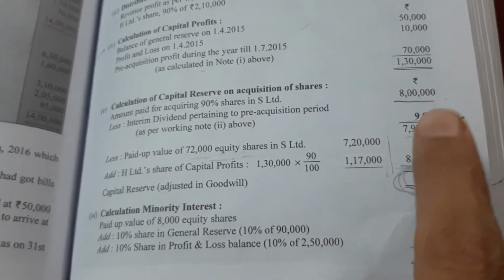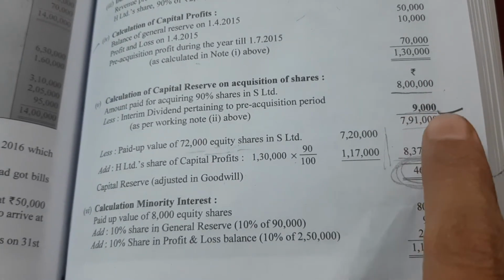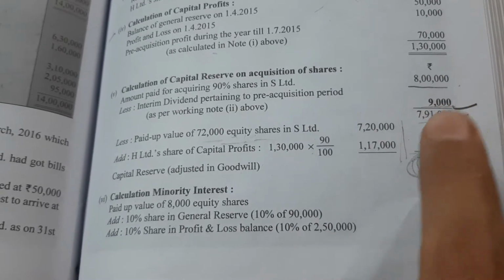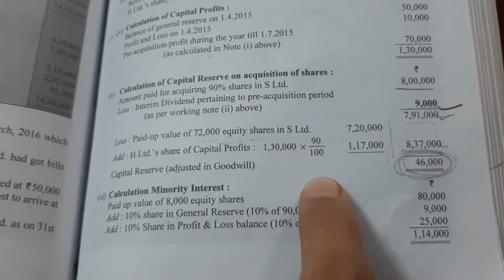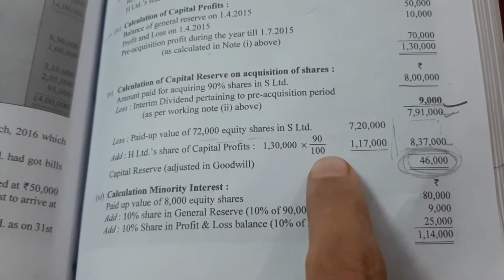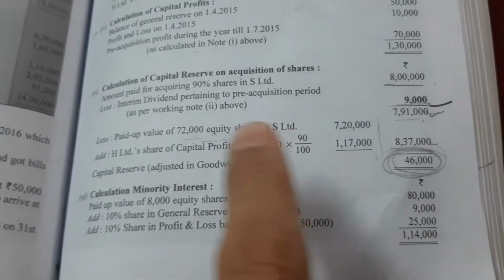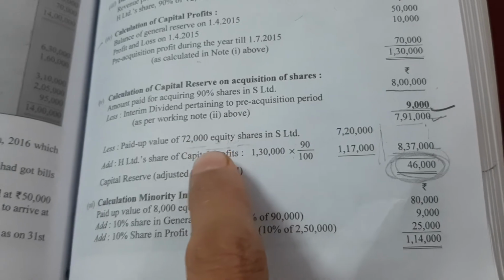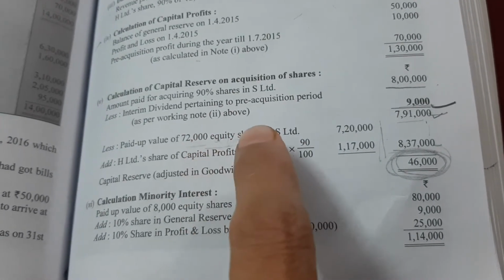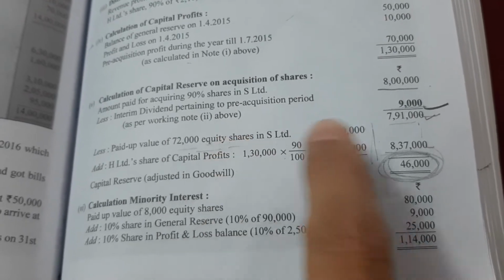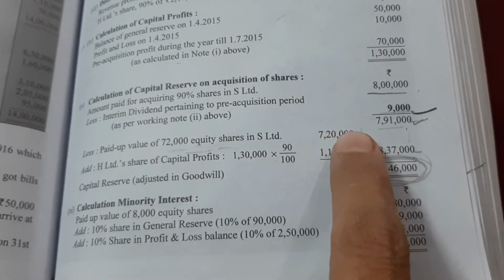We have calculated the amount actually paid by the holding company to acquire the shares of the subsidiary company. Now we will have to calculate what amount must be paid. 72,000 shares have been acquired by the holding company. 72,000 multiplied by 10 is 7,20,000.